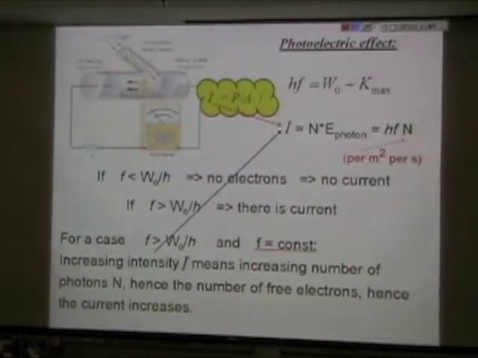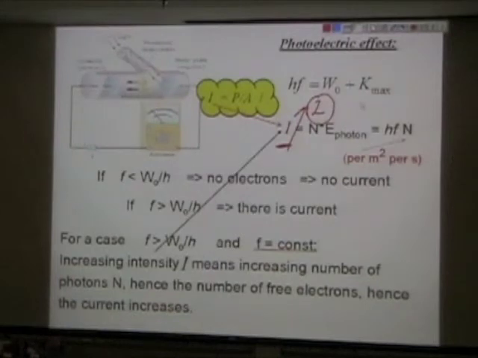Backwards question. If we double the intensity, what happens to the kinetic energy of the electrons? Let's see what you think. I am telling you that in this experiment, I am doubling the intensity.